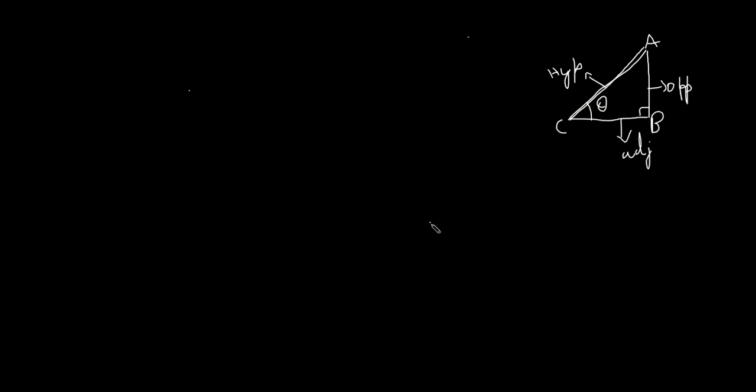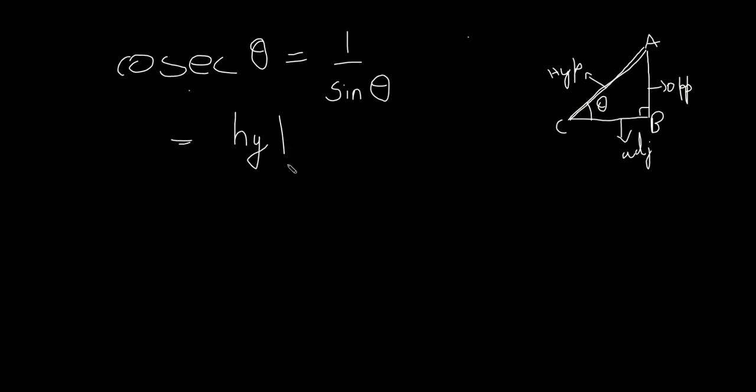Now there are another three trig ratios. That is cosecant or cosec of theta, which is equal to 1 upon sine theta, the inverse of sine theta, or the ratio of hypotenuse upon opposite.